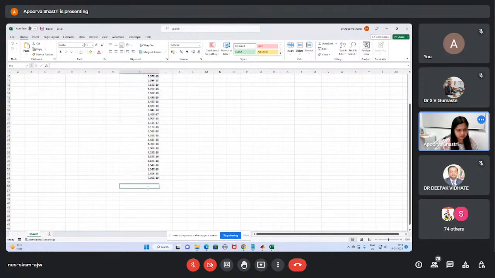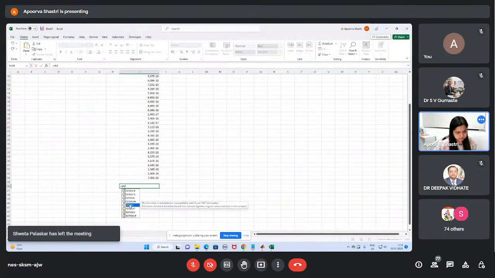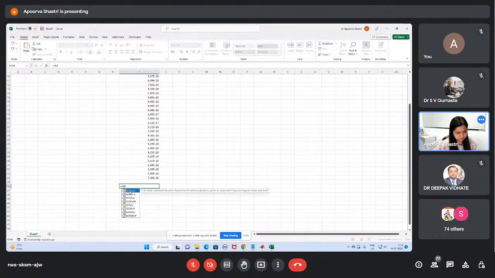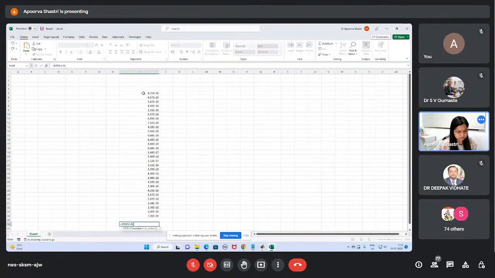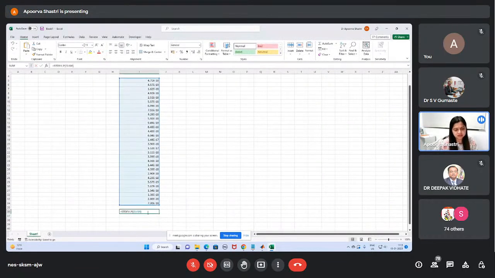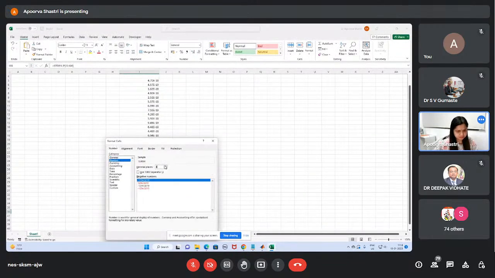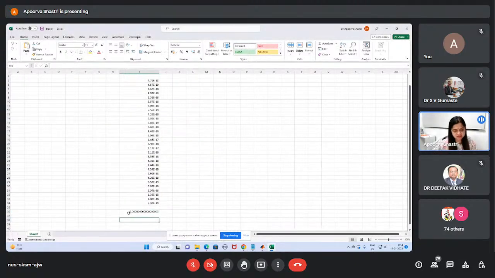And calculate the standard deviation. If you look at the standard deviation, it is 0.0000 and so on.